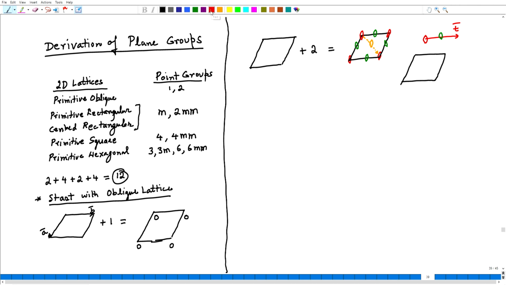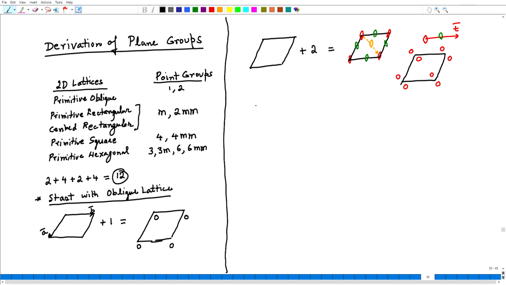If I put an asymmetric motif here, 180-degree rotation will generate another motif here. Now we can simply say the translations will take it to all the corners.